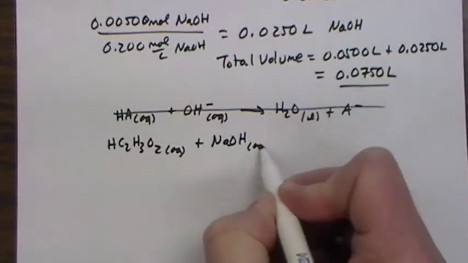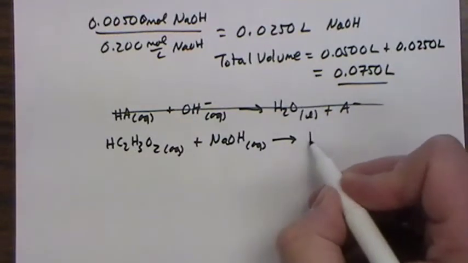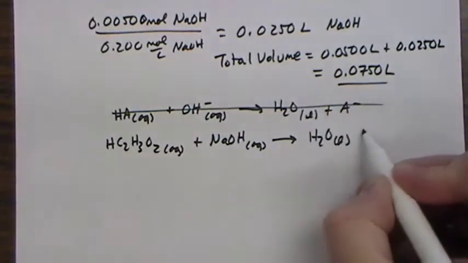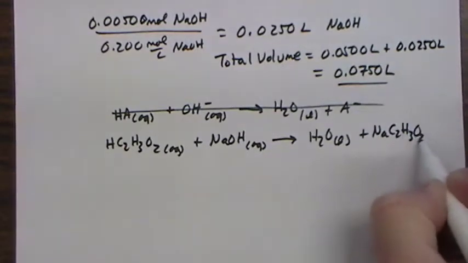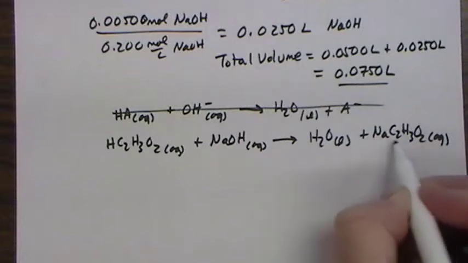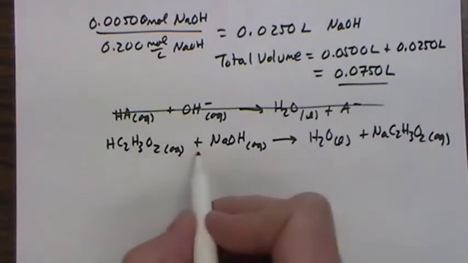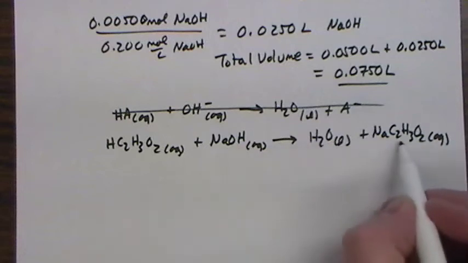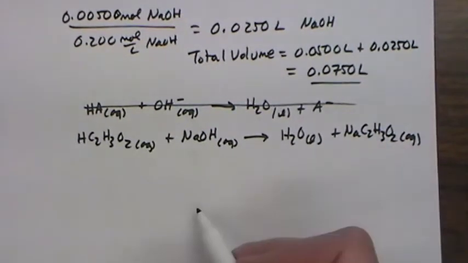They react together to produce water and sodium acetate. And this is the salt. We're at the equivalence point, so these are going to be used up. We'll have nothing but this salt, and then that salt is going to go on to hydrolyze.